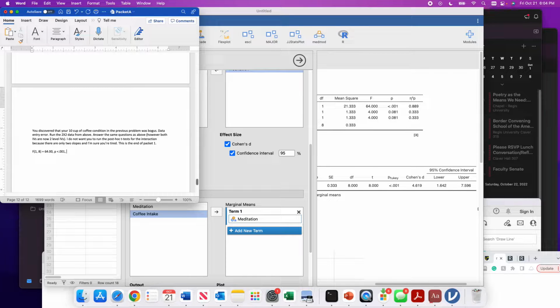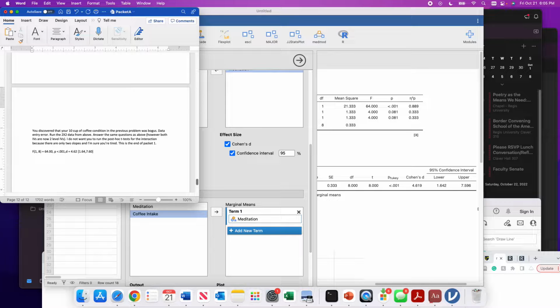The partial eta squared we don't need because we have Cohen's d of 4.62 with a 95% confidence interval of 1.64 and 7.60. So what you're noticing for any of these factorial ANOVAs that are completely between, you just use Cohen's d as the effect size, which I need to write in there.